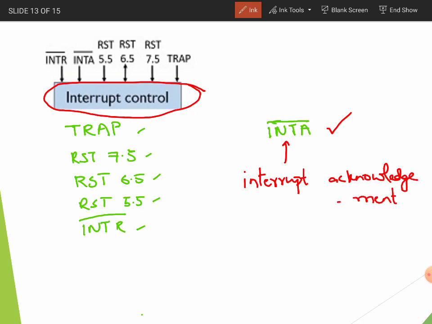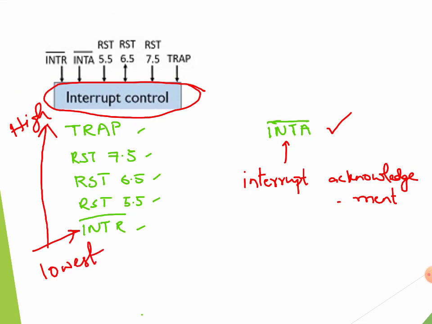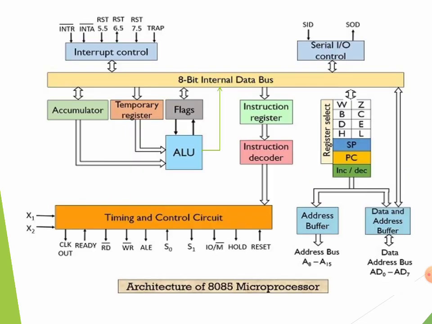TRAP is the highest priority interrupt and INTR is the lowest priority interrupt. So this stands on the top, highest, and this the lowest. So with this we complete the architecture of the 8085 microprocessor.